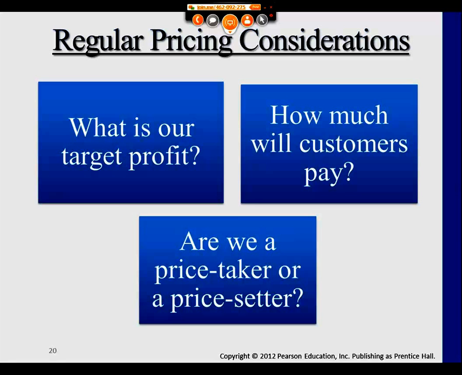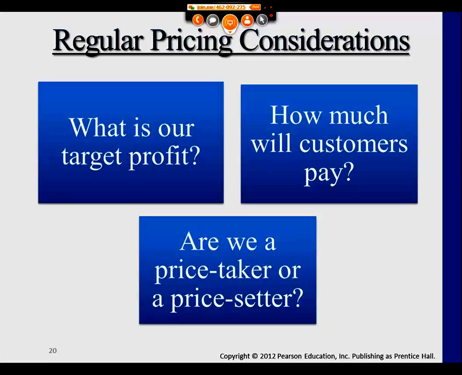So when I'm setting my targets, I want to really make sure I'm hitting them, so that my stockholders are happy. So how can I do that? I can keep my costs maybe low. Maybe I can generate more revenue so that I get to my target profit.